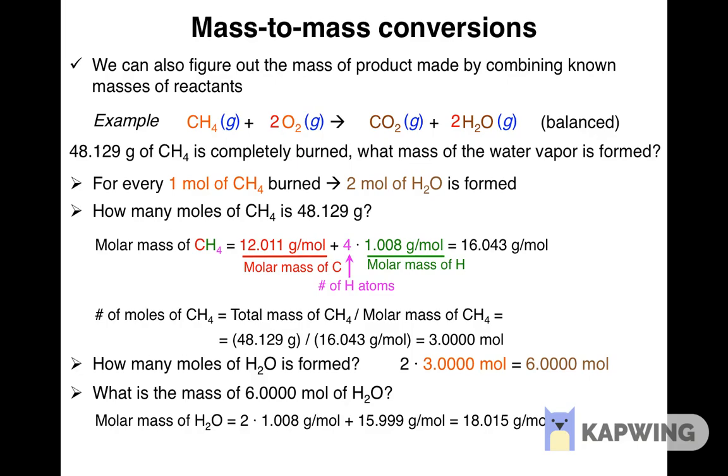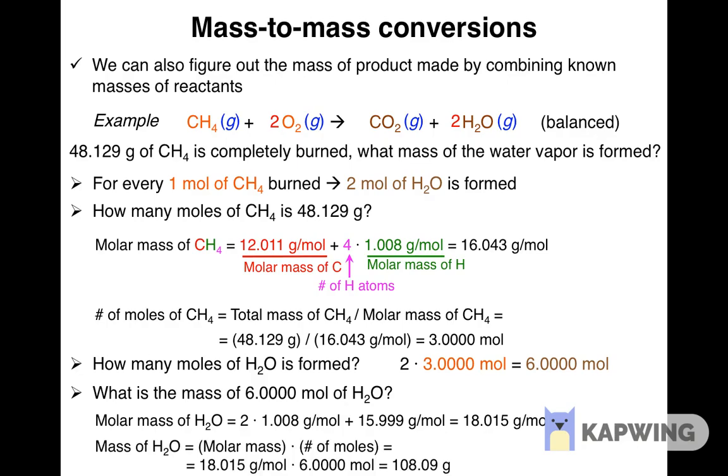The mass of the produced water that we get in this reaction is 6 moles times 18.015 grams per mole, and that comes to 108.09 grams.